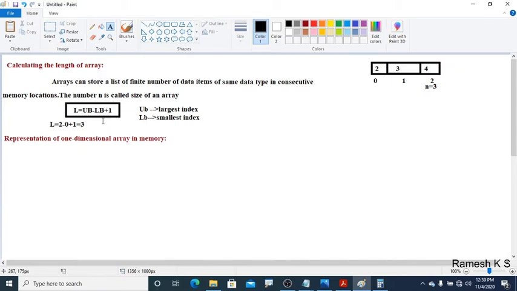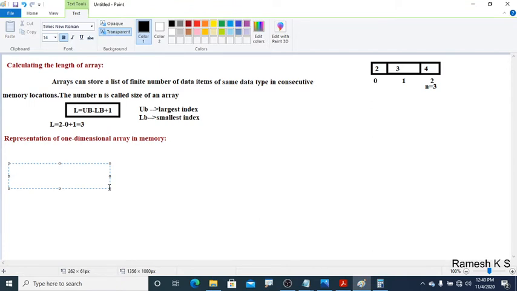Normally, all of you know that elements of a linear array are stored in consecutive memory locations. These are the consecutive memory locations. Let us consider one equation: LOC of A of P is equal to base of A plus W of P minus LB.